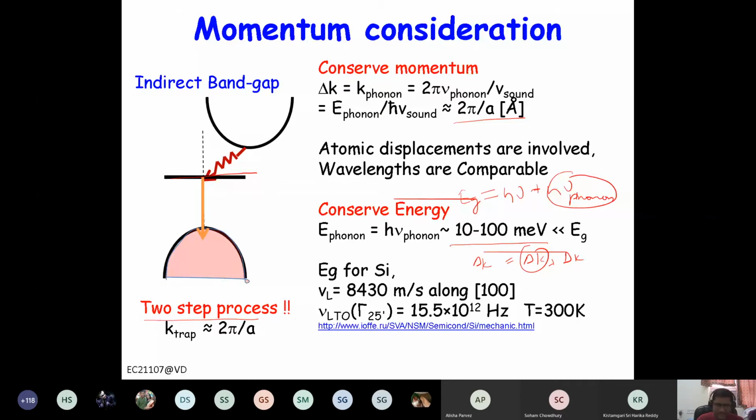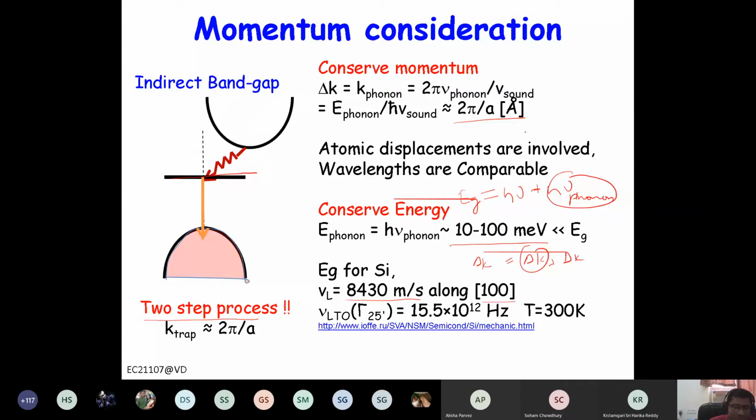Now these phonons, let me tell more about it. These phonons are basically lattice vibrations, right? For silicon, these phonons will have a certain velocity of vibration. For silicon along the 100 direction, the velocity is 8430 meter per second, right? Like we have c equal to f lambda, similarly for phonons we have v equal to their frequency times lambda, the wavelength.